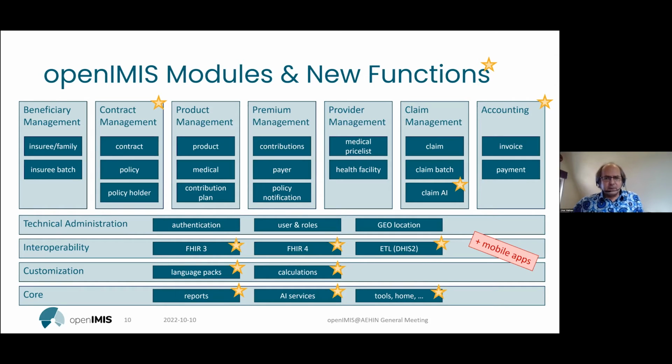You might also see the interoperability layer at the bottom, where we have heavily invested into FHIR and some specific ETL functionalities for DHIS2. And you might also see the claim AI that is mainly being used for claim adjudication now, but that could also be extended into other AI tasks.